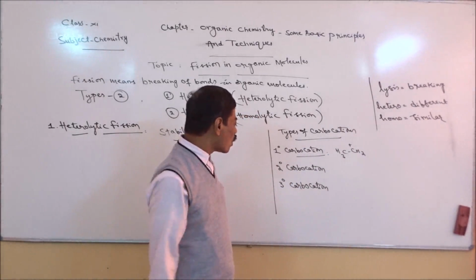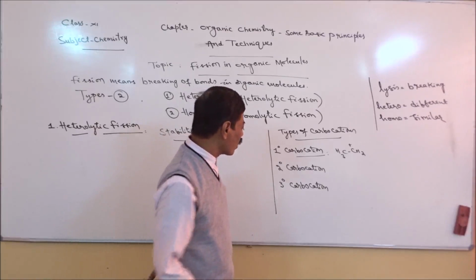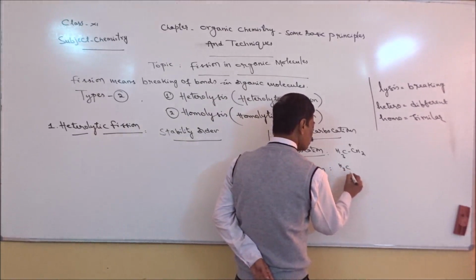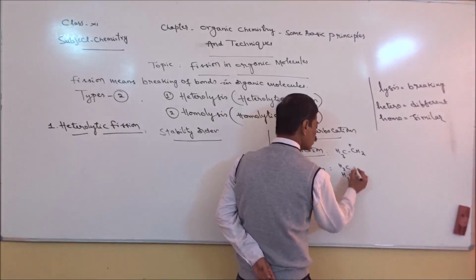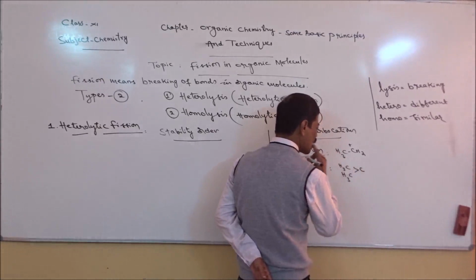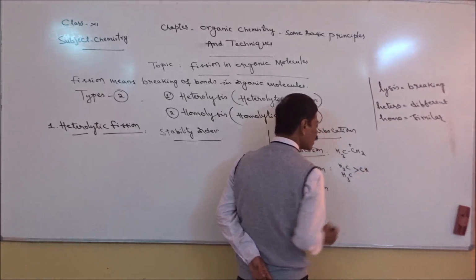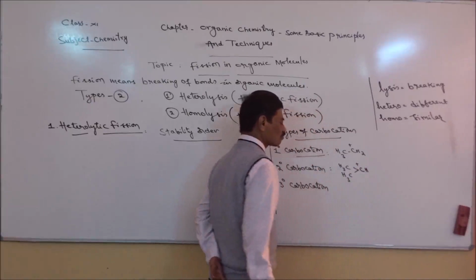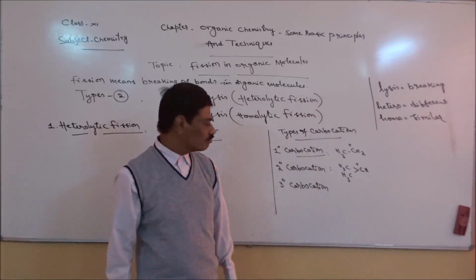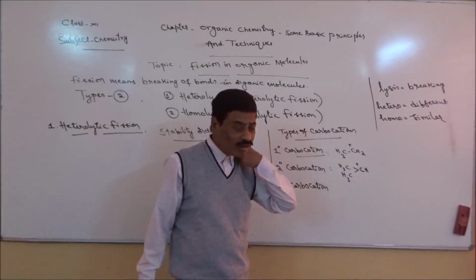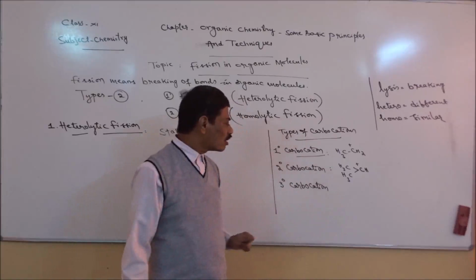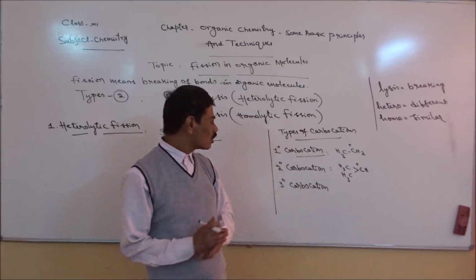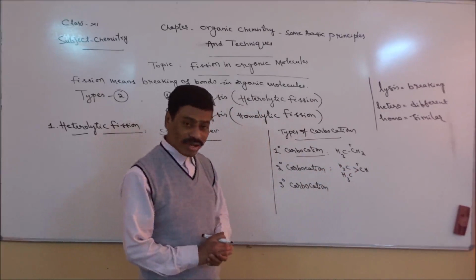Next, 2-naught carbocation means 2 CH3 groups should have been connected to one carbon atom, wherein that carbon atom should have positive charge. Isopropyl group, wherein the carbon atom has positive charge. Right? So 2 alkyl groups are connected to a single carbon atom. So it is a 2-naught carbocation.